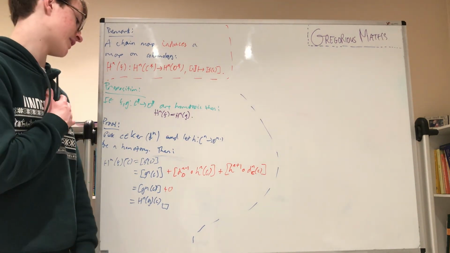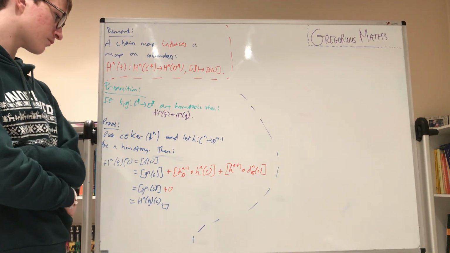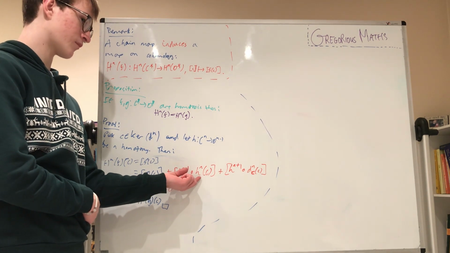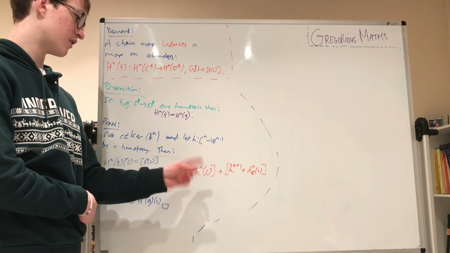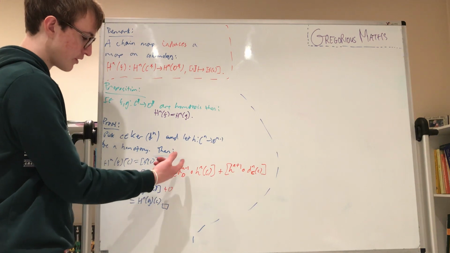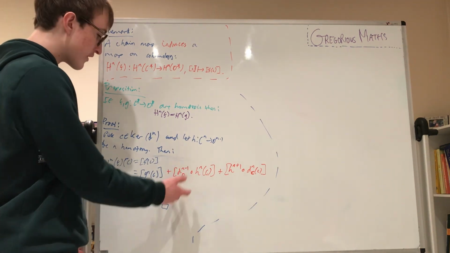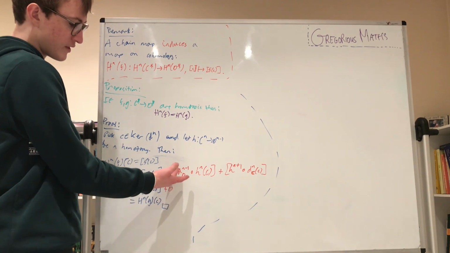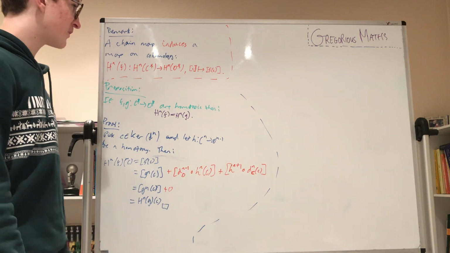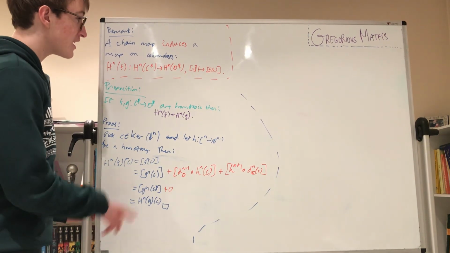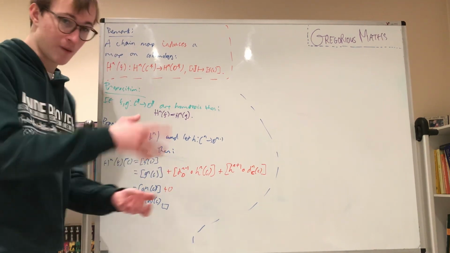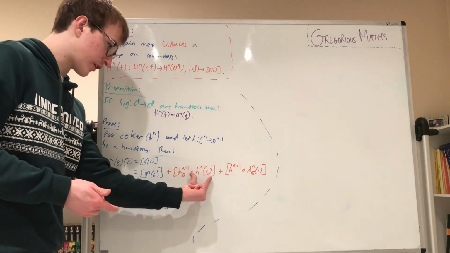Now here's where the magic kicks in. This guy right here is going to be in Dn minus 1. And so when we pre-compose with Dn minus 1, when we compose this element here with the n minus 1th differential on D, we obtain somebody who is in the image of Dn minus 1. And therefore, because we're modding out by the image, this is going to be precisely 0.